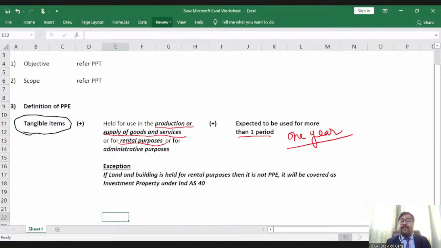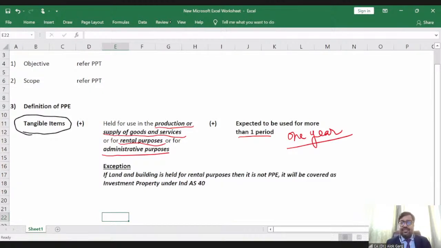Or for administrative purposes. What is meant by administrative purposes? For example, furniture and fixtures, office equipment. So neither are these items used in production or supply of goods and services, nor for rental purposes. But of course, if I would not have furniture and fixtures, how can I teach you, right?